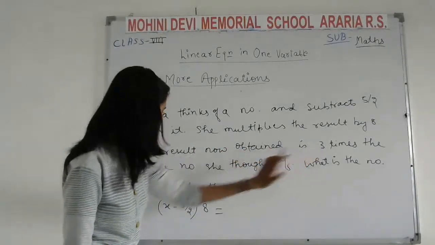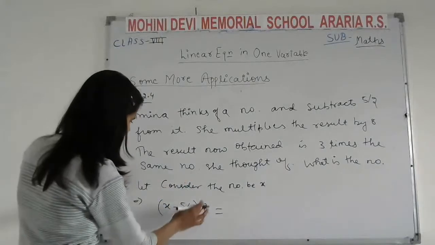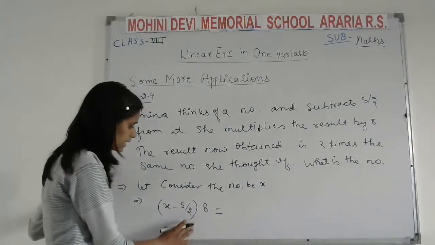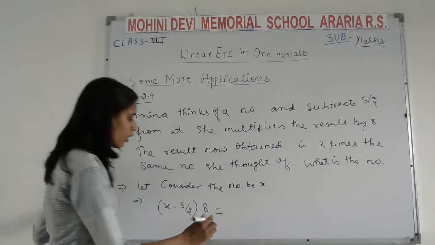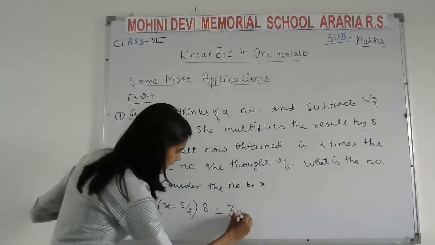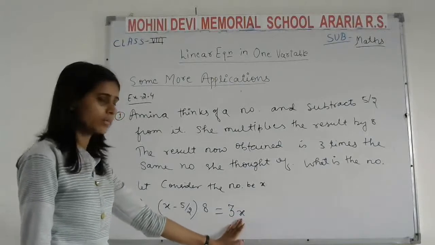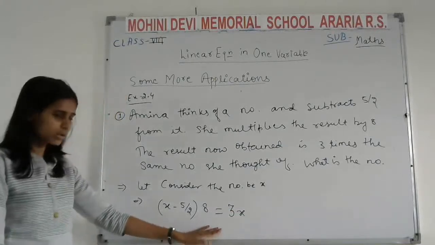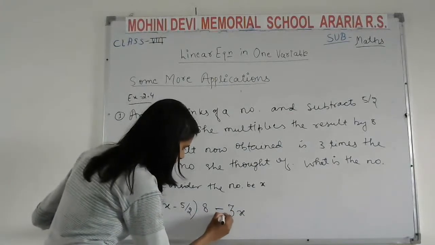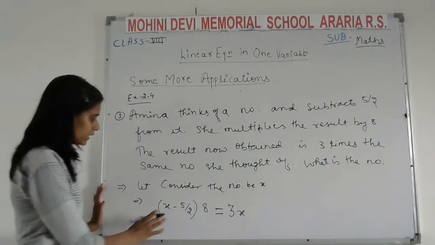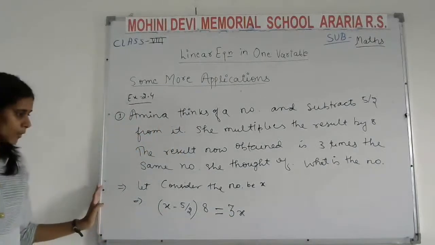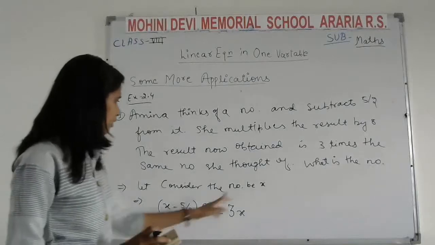The result we get is 3 times the same number she thought of, meaning 3 times x, because we have considered that the number she thinks of is x. So this is our equation. This is a mathematical equation. After that, we will solve for x. On solving x, we get the value of the number.